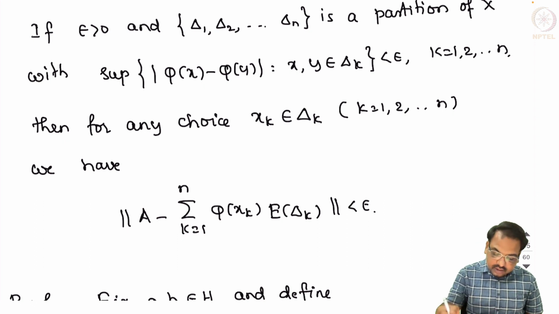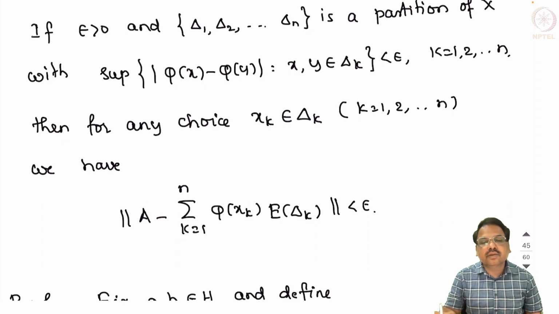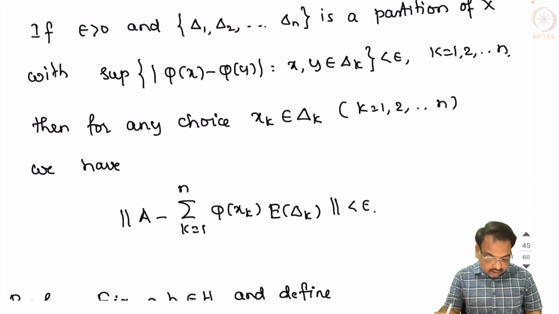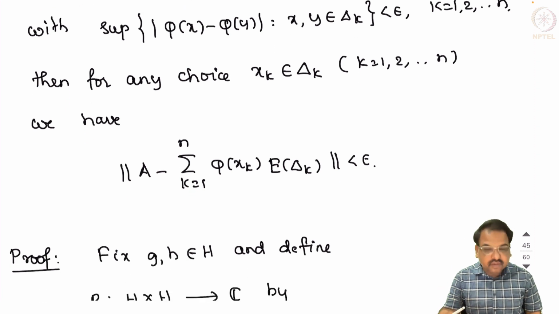So this is known as the oscillation of the function in Δk. If this is less than ε, then for any choice of elements xk in Δk, the norm of A minus the summation k equal to 1 to n of φ(xk)E(Δk) is less than ε.